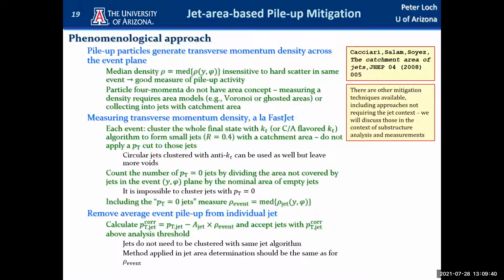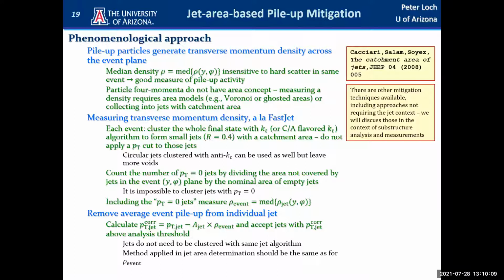In addition to these jets, all of which have to have some finite pT, because it's impossible to cluster anything around pT zero, we try to get a number for jets that actually have pT zero, and just get an estimate of how many of these jets would be in the event. The way this is done is by assuming that there's a nominal area for empty jets, which is not pi r squared.